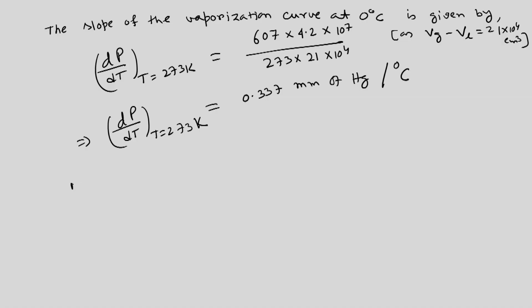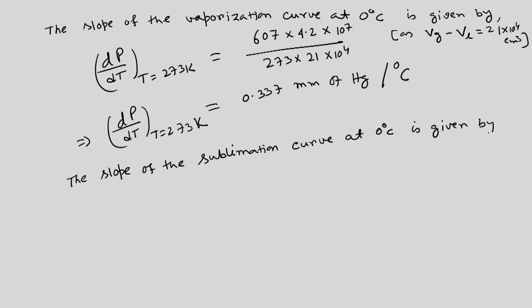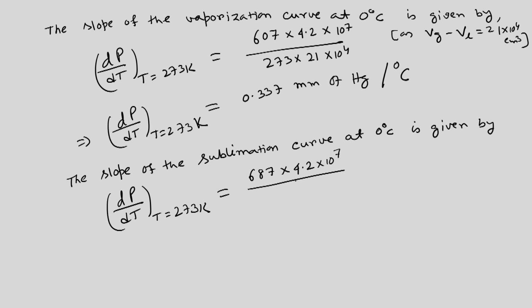Now, the slope of the sublimation curve at 0 degree Celsius is given by, okay.